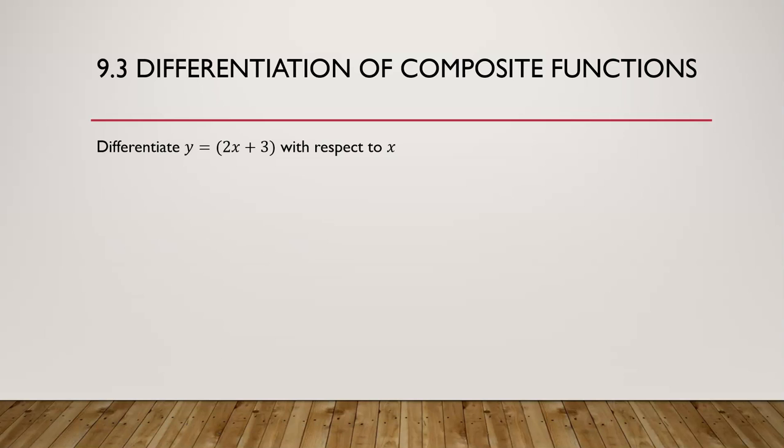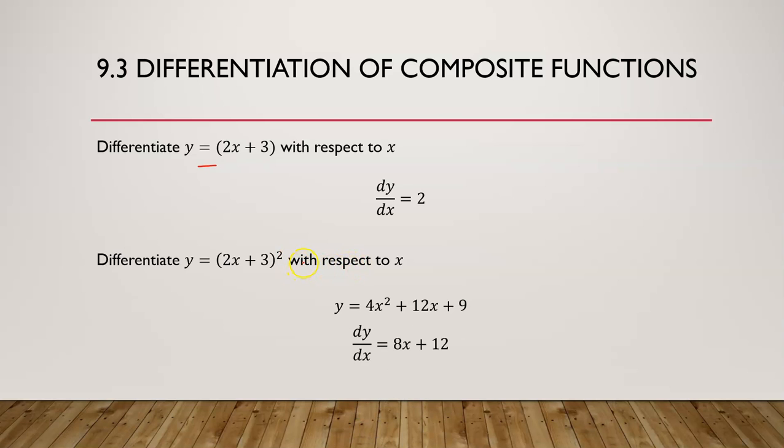Okay, so if I give you y equals 2x plus 3, and then you differentiate with respect to x, you will have dy over dx equals 2. If I give you y equals (2x plus 3) squared, differentiate with respect to x. So first, maybe you will expand the bracket first.